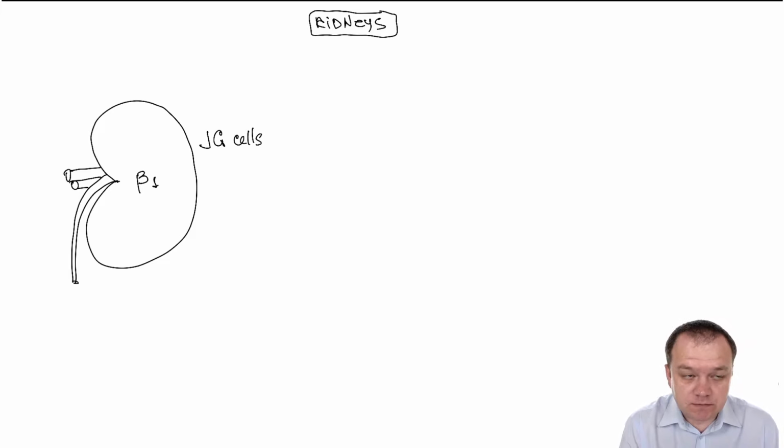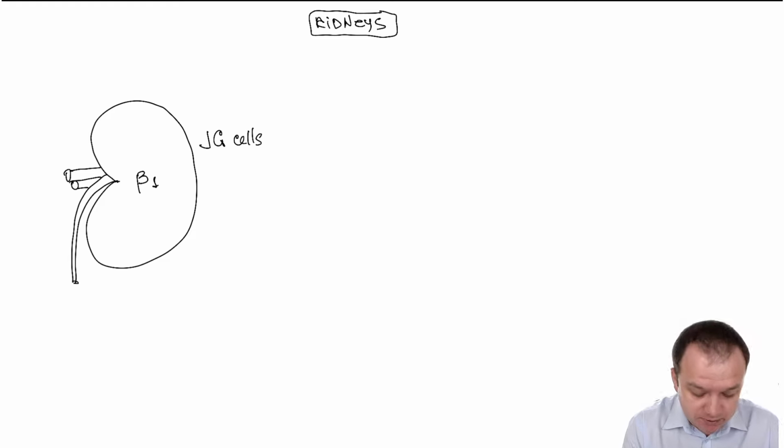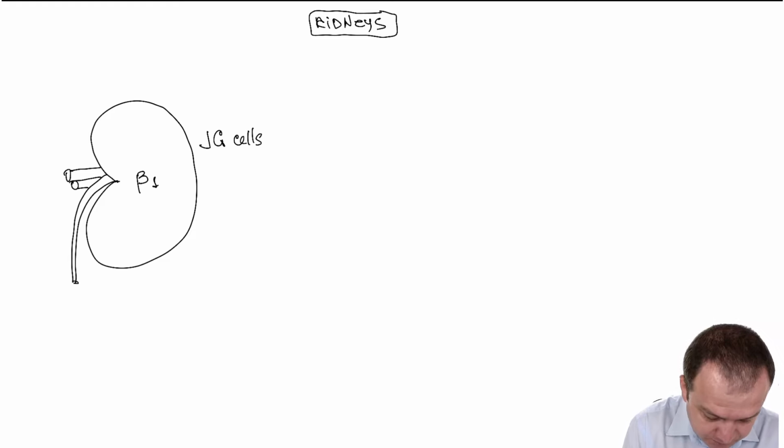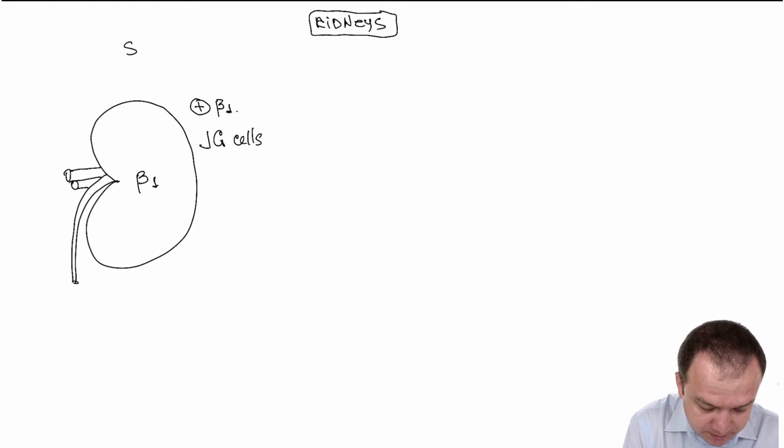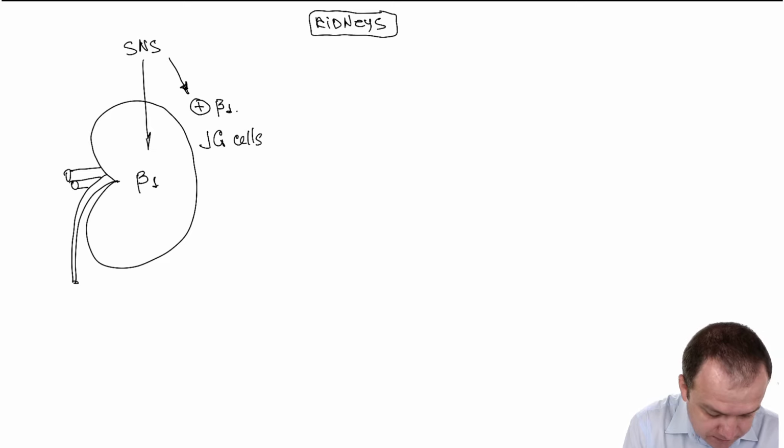In response to stimulation of these beta 1 adrenergic receptors, I'm drawing plus here, or in response to activation of the sympathetic nervous system, and where does the sympathetic nervous system live?